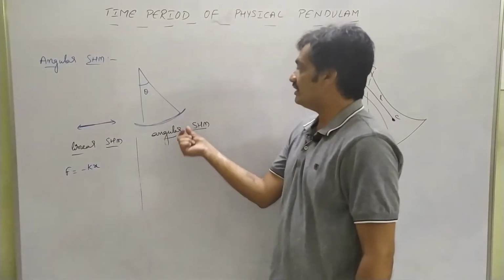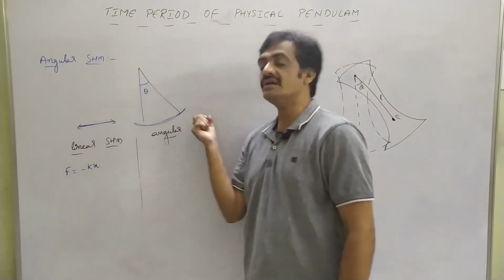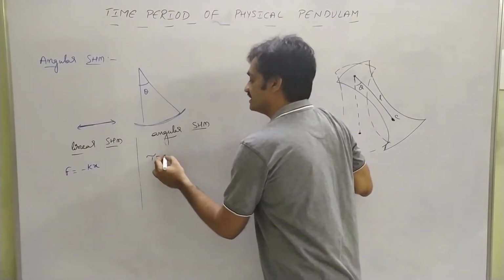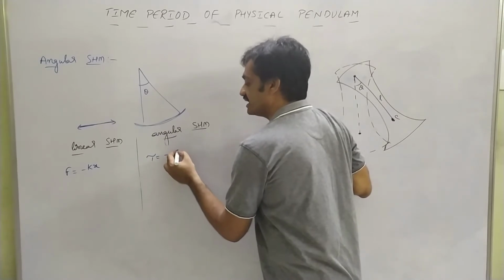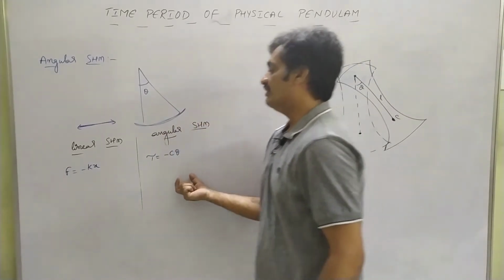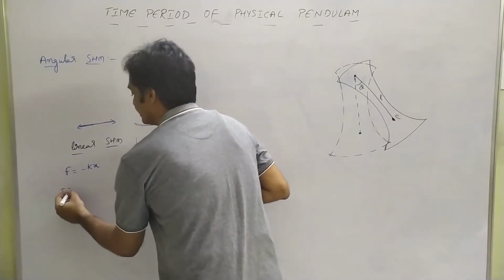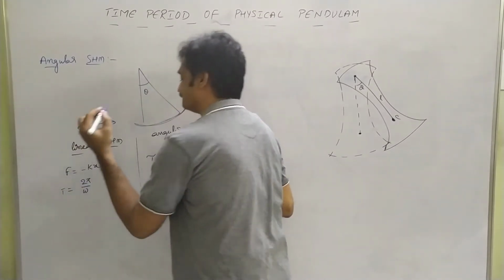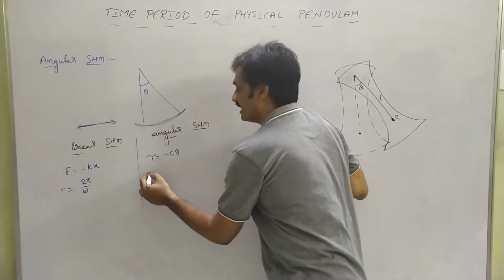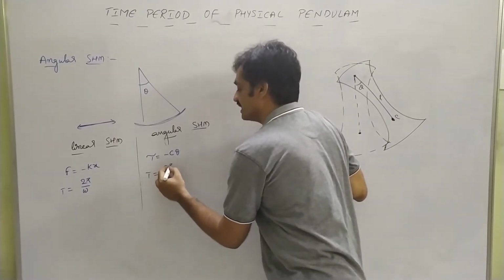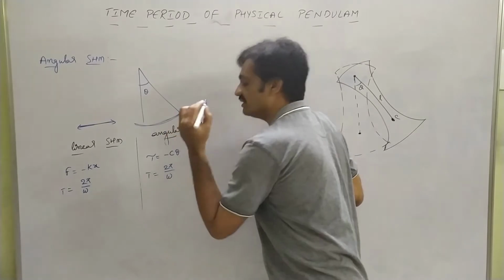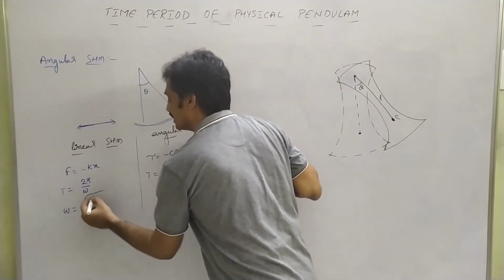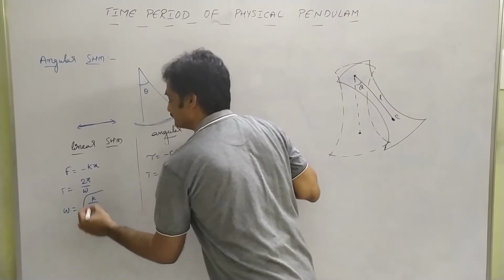In the same way, when a body is oscillating angularly, the torque acting in the case of angular SHM is represented as tau equals minus C into theta. The time period in the case of linear SHM is T equals 2 pi by omega, and in the same way in angular SHM the time period is T equals 2 pi by omega, where omega equals root of K by M for linear SHM.